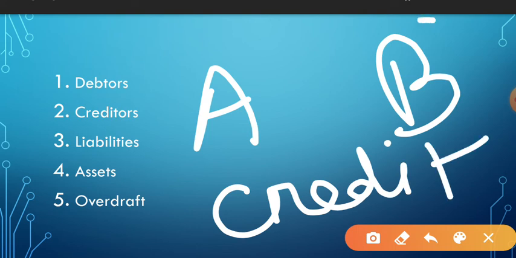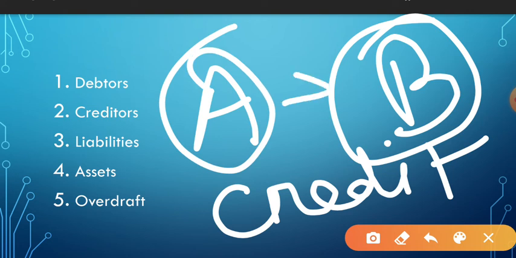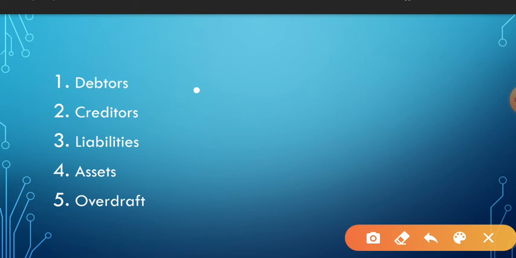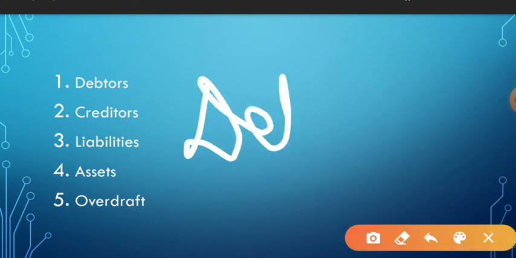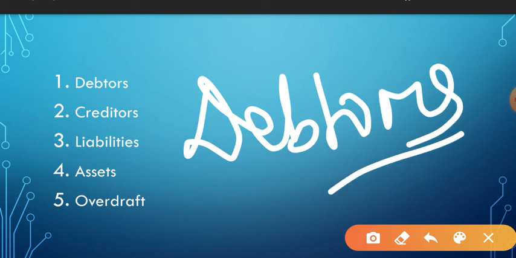In that case Mr. B and Mr. A will develop a relation, and Mr. B will become the debtor of Mr. A. Mr. A in future will ask money from Mr. B. So he knows he is a kind of current asset from which I can take out money in future. Okay, so then he will become his debtor.